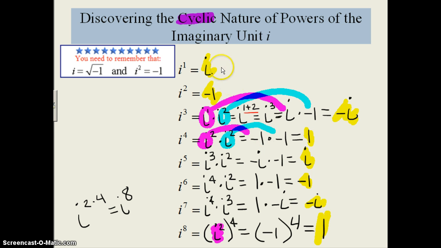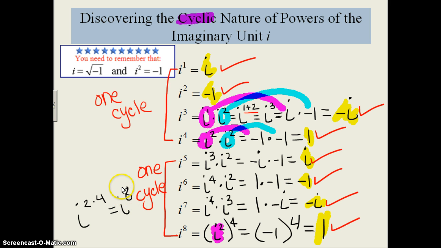So let's check out what we have here. i, -1, -i, 1. i, -1, -i, 1. So what we have here is two cycles of the pattern. Here's one cycle, here's one cycle.